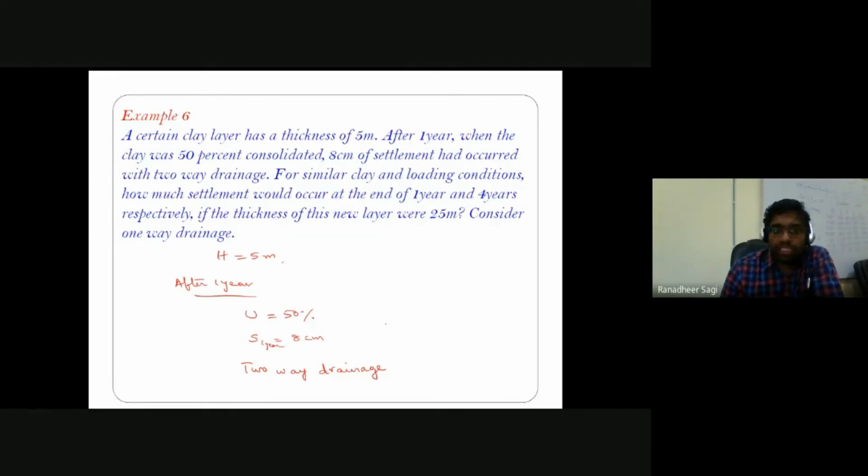Next, what is asked in the problem? For similar clay, the properties of the clay are the same, and the loading conditions are also the same. How much settlement would occur at the end of 1 year and 4 years respectively if the thickness of this new layer were 25 meters? So now it's not a 5 meter thickness of soil strata, it's a 25 meter thickness that I am looking at.